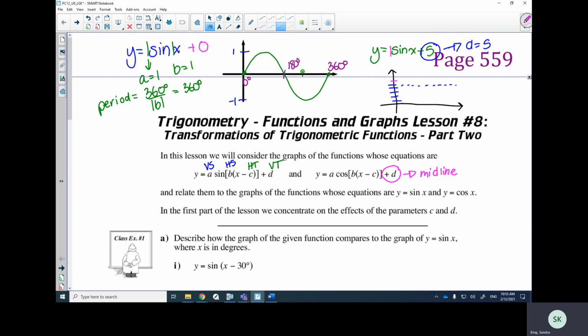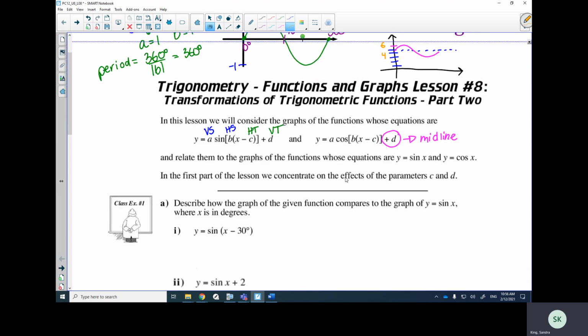So it's going to go up to 6, and it would look like this. So the max of this graph would be at 6. What would the min of this graph be? At 4, right? Because 5 minus 1 is 4. So the range of this graph would be from 4 to 6. So that's what happens with the midline of my graph.